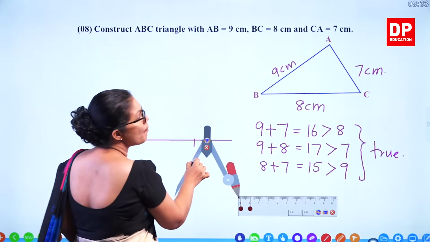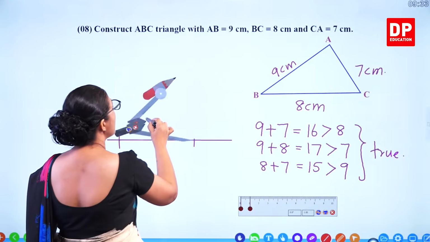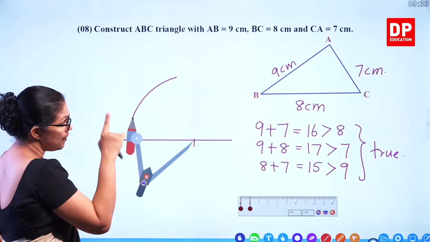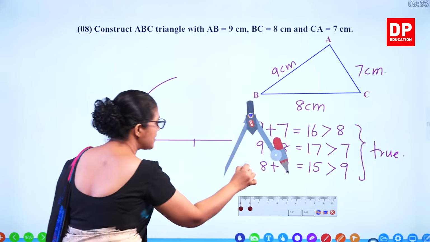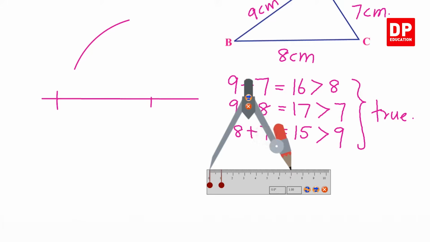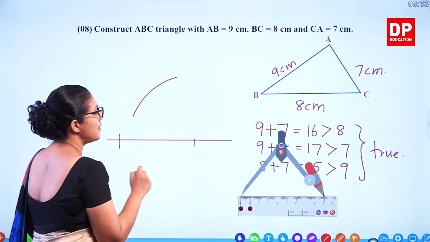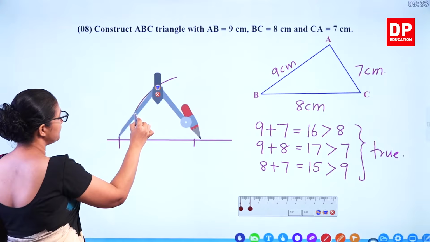Now from C, you have to keep here and draw an arc in the middle area, somewhere here. Now the other side, that's 9 centimeters. So 9 centimeter length you have to take from the compass, and you can draw the other arc from this point.